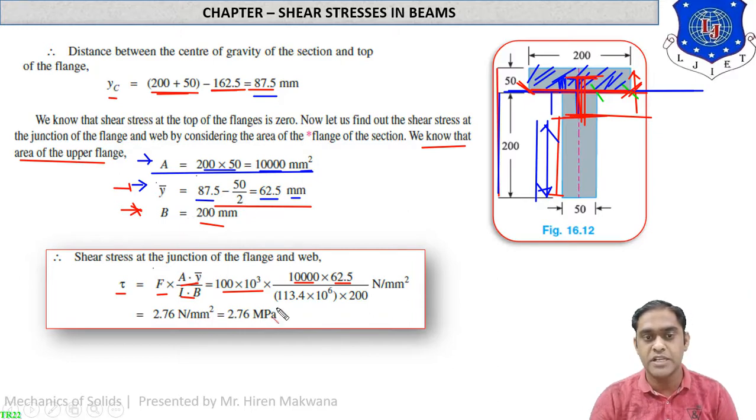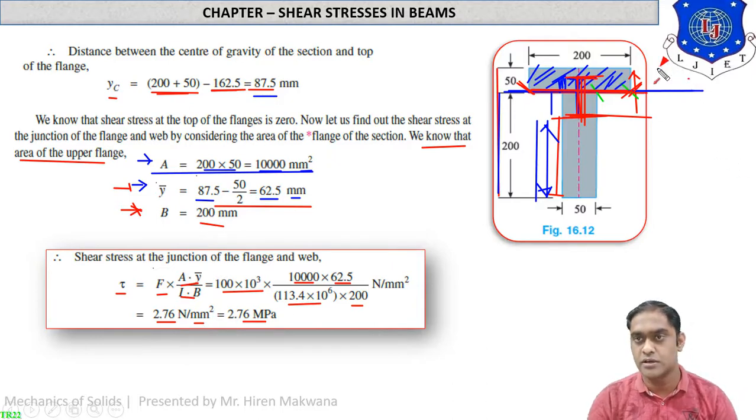Upon I B, I means 113.4 into 10 raised to 6, which is given in the data, and B equal to 200. This will give you the answer of 2.76 megapascal, meaning Newton per mm square. So at this corner, the value of shear stress is 2.76 megapascal.